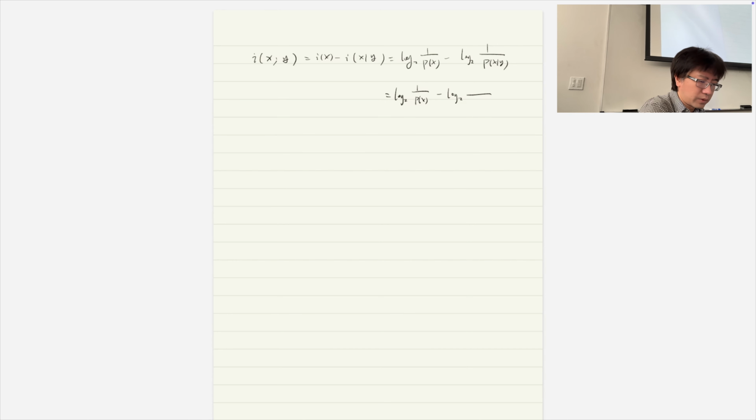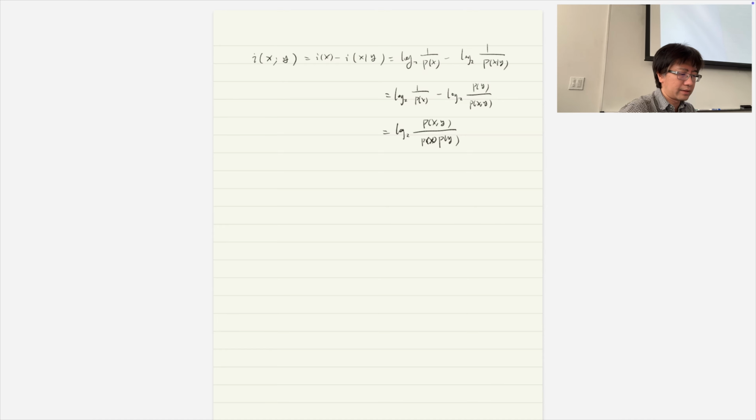Upstairs we have p(y), and downstairs we have p(x,y). Because we have a minus sign here, we can combine them: log of p(x,y) upstairs, and downstairs p(x) and p(y). Very good. This is the self-mutual information.